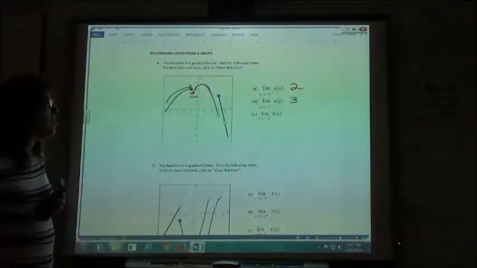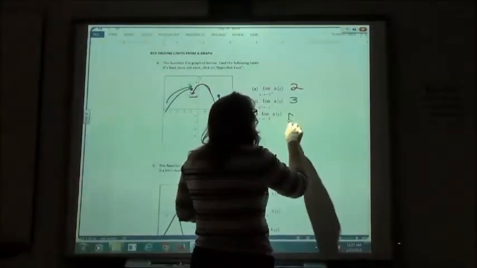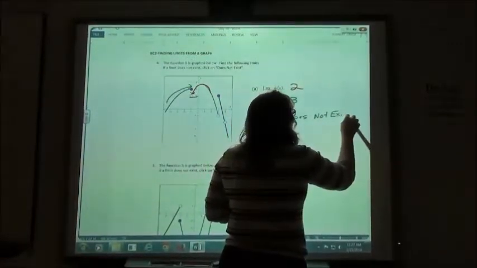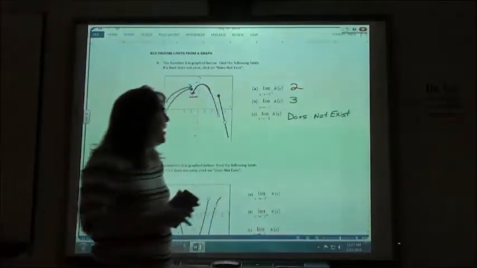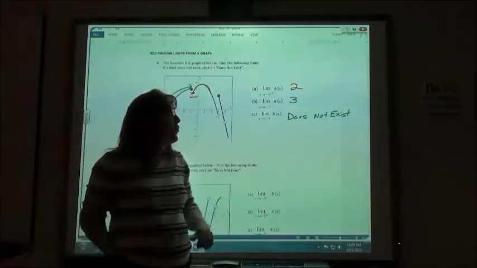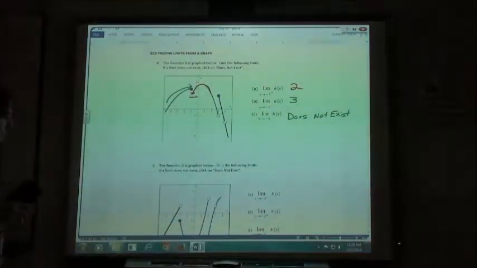Since those 2 numbers are not the same number, we're going to say that our limit does not exist. So the only way a limit exists is if it approaches the same number as you come from both directions. Otherwise, your limit does not exist.